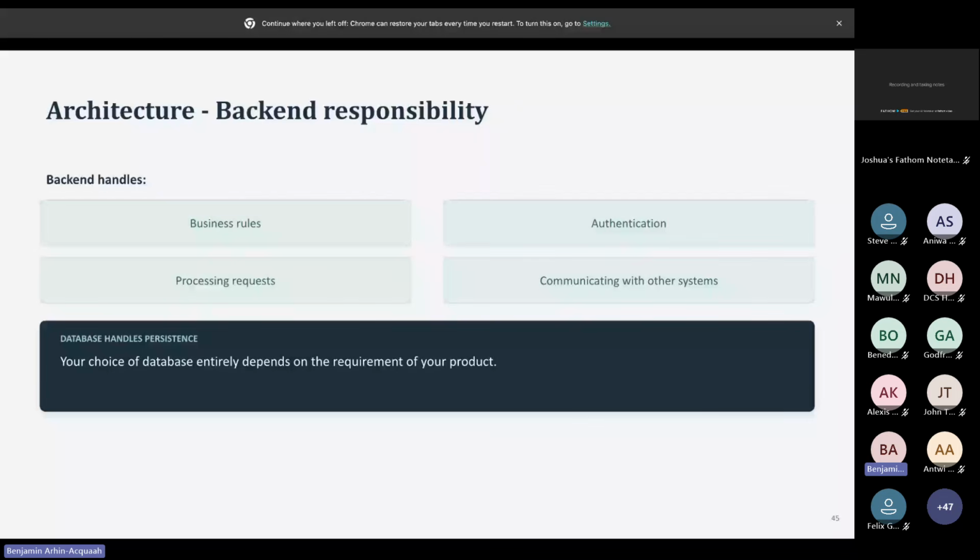The relational databases being the SQLs that we mostly use, the Postgres, the MySQL, Oracle, and all those things. And then the non-relational database is a database that usually stores documents.